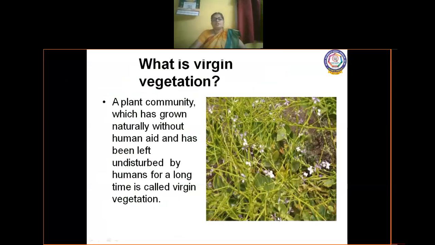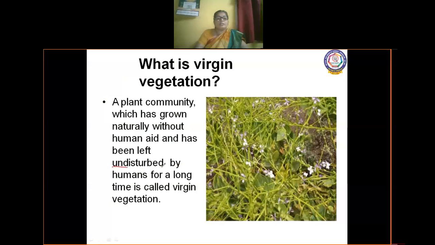Now, what is virgin vegetation? The community of plants that grows naturally without human intervention and is not disturbed, that is undisturbed. So this kind of growth is related to virgin, not being intervened or disturbed.